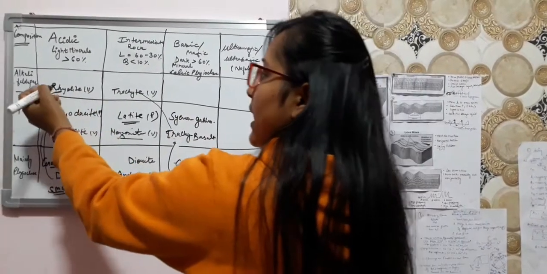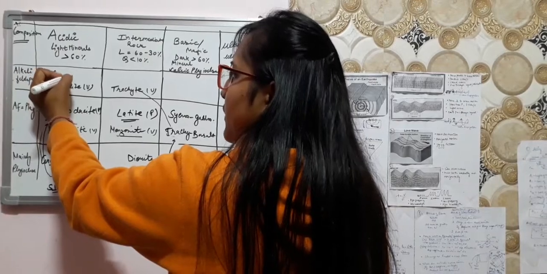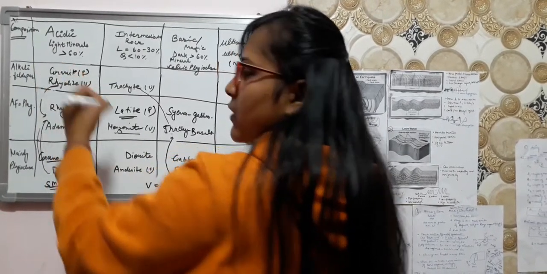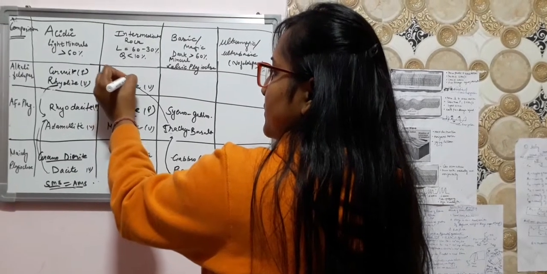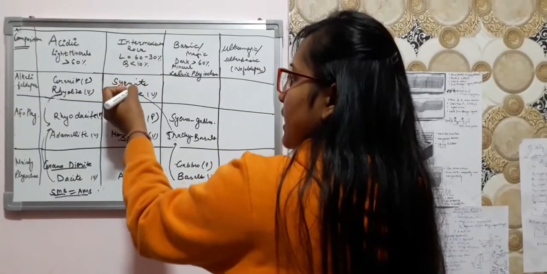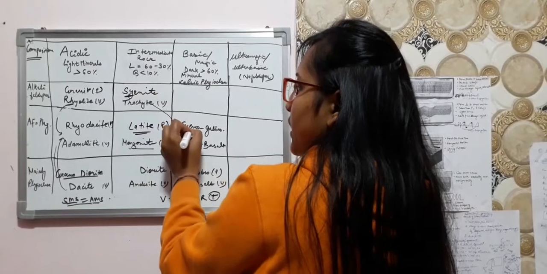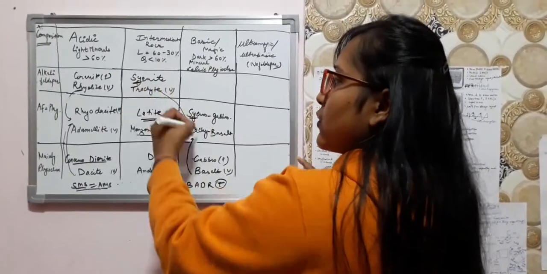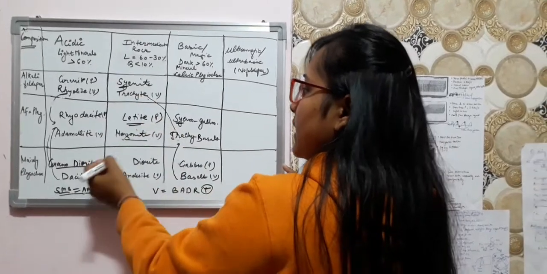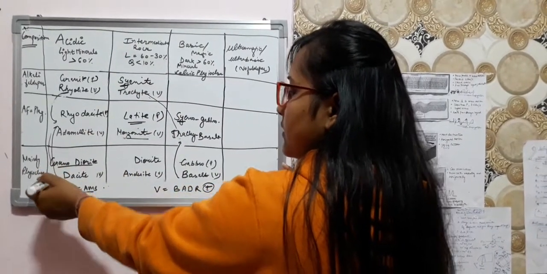And here for rhyolite it is granite, which everyone knows. It is quite easy to remember. And for trachyte it is syenite. So we have taken this syeno over here for syenogabbro, trachy over here. So you just have to cross it over here and take from below in this one.